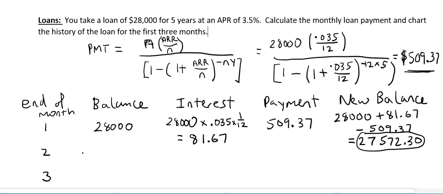So month 2, my new balance is now 27,572.30. And if you do the same calculation, if you take 27,572.30 and you multiply it by 0.035 and then a 12th, the interest after the second month has decreased a little bit.